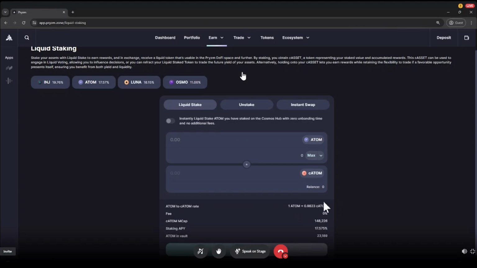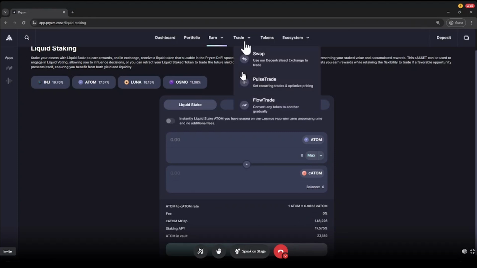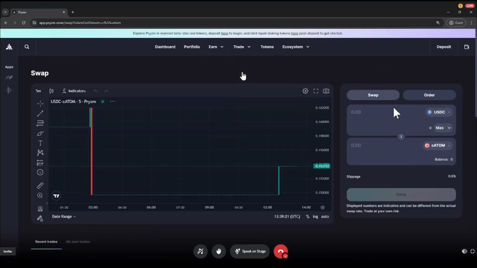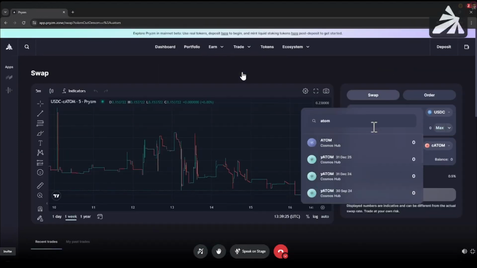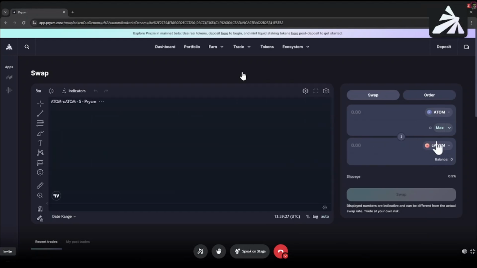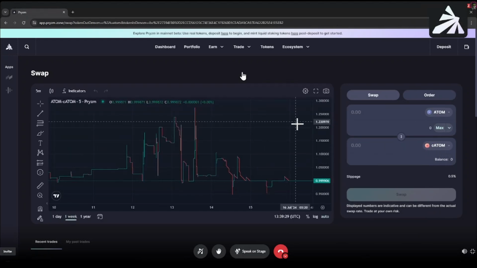So this is always the fair value of 1 liquid staking token, which is cATOM here. What you can see is that there's been lots of trading going on, and the price of ATOM and cATOM moves around. So I'm back on the swap page here, and you can see that the price of cATOM and ATOM move around.